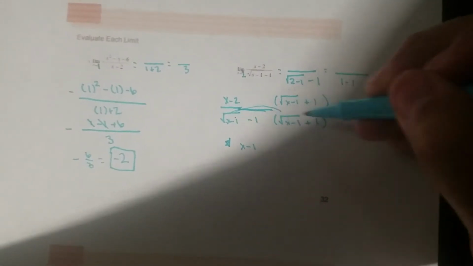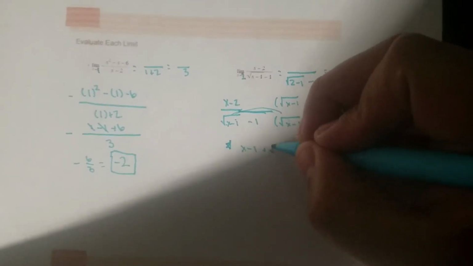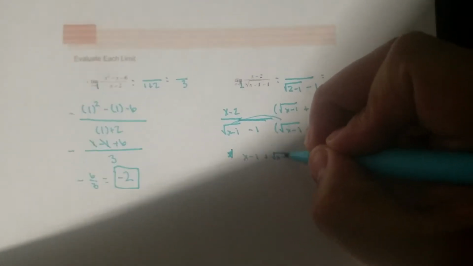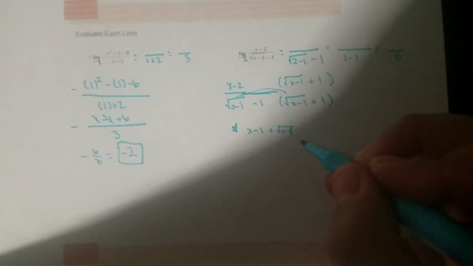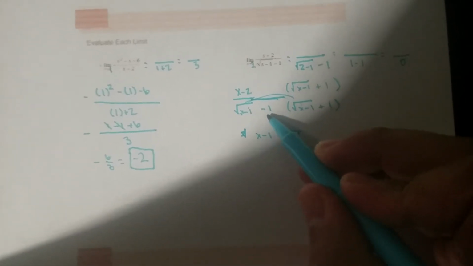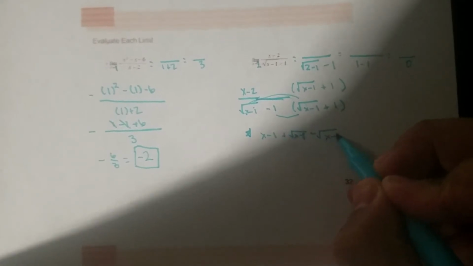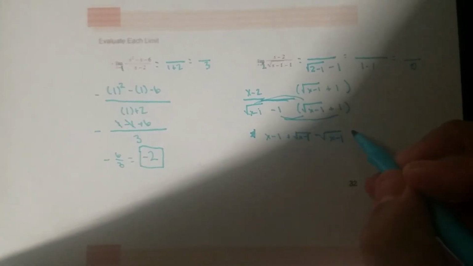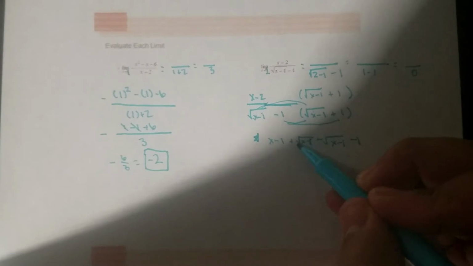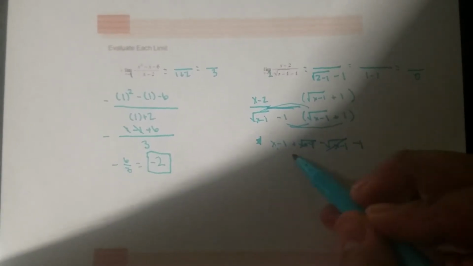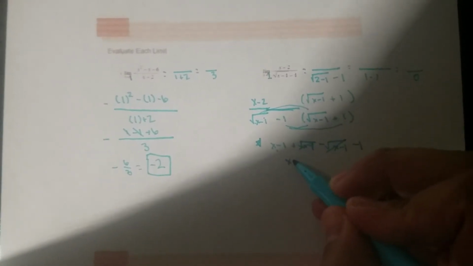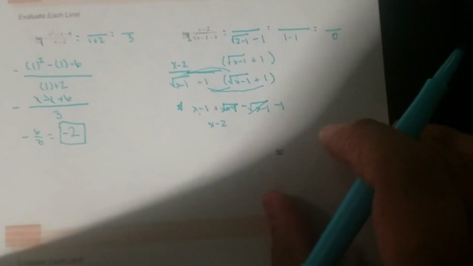Right now I'm only dealing with the bottom part, guys, so x minus 1 times 1 is plus square root of x minus 1. Negative 1 times this is negative square root of x minus 1, and negative 1 times 1 is negative 1. So these cancel, and the negative ones will combine. So on the bottom, I'm left with x minus 2.